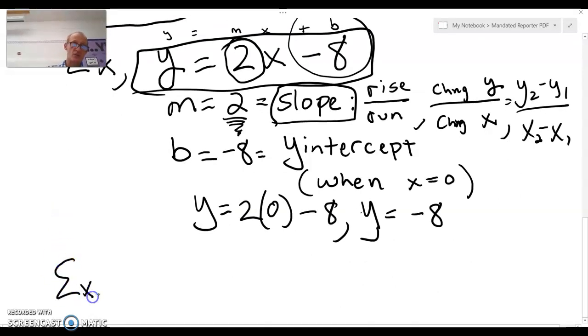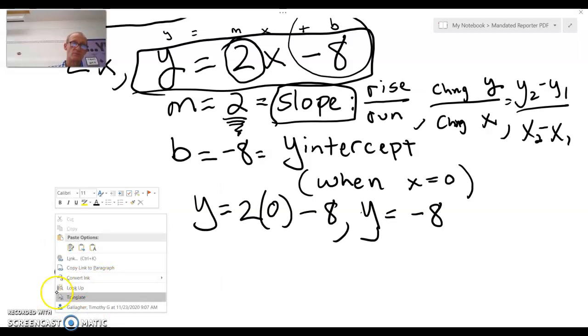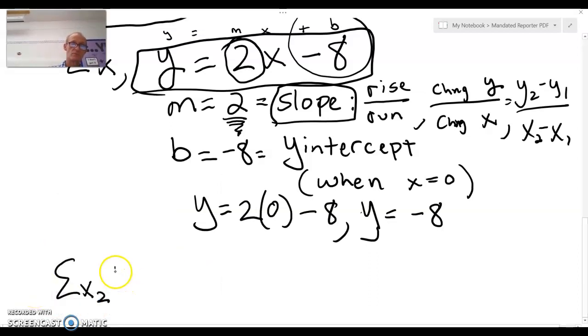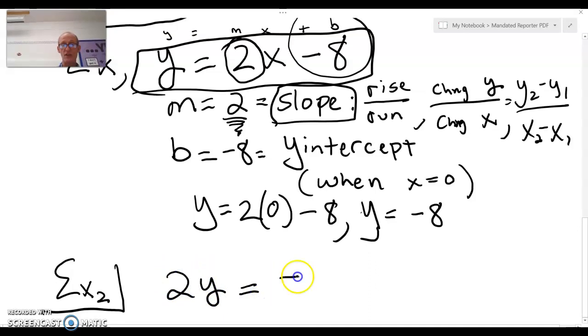Here's example 2. Let's do 2y equals -5x plus 12.